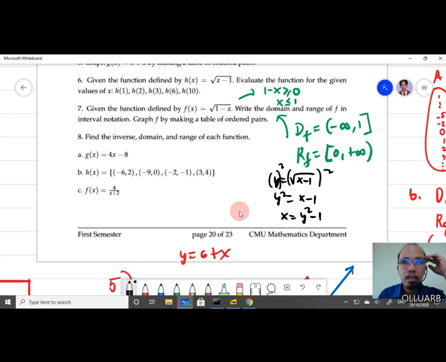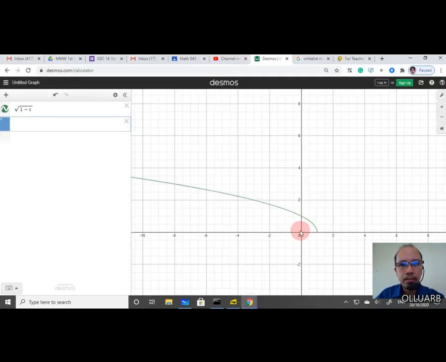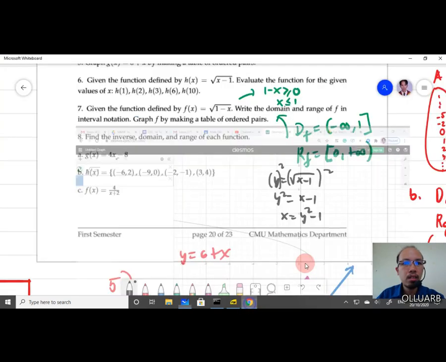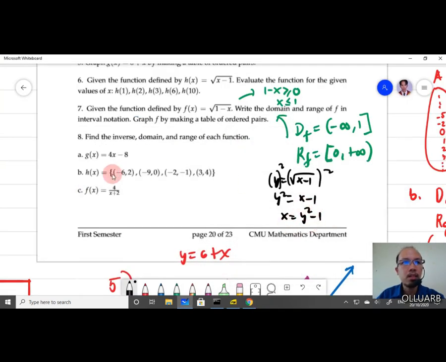Okay, so as you can see here in the graph, the range is upward from 0 to positive infinity. Okay, so just analyze this one.